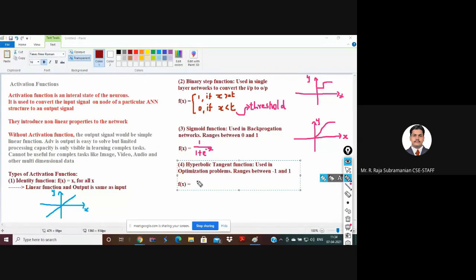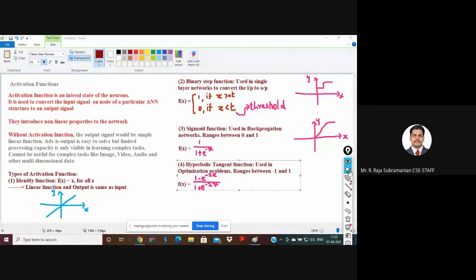For the sigmoidal function, f of x is 1 divided by 1 plus e power minus x, whereas the hyperbolic tangent behaves as 1 minus e power minus 2x divided by 1 plus e power minus 2x.